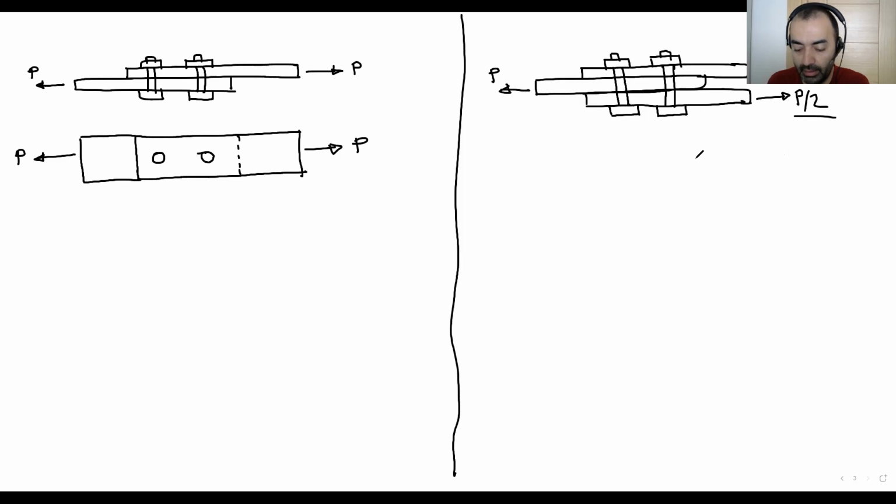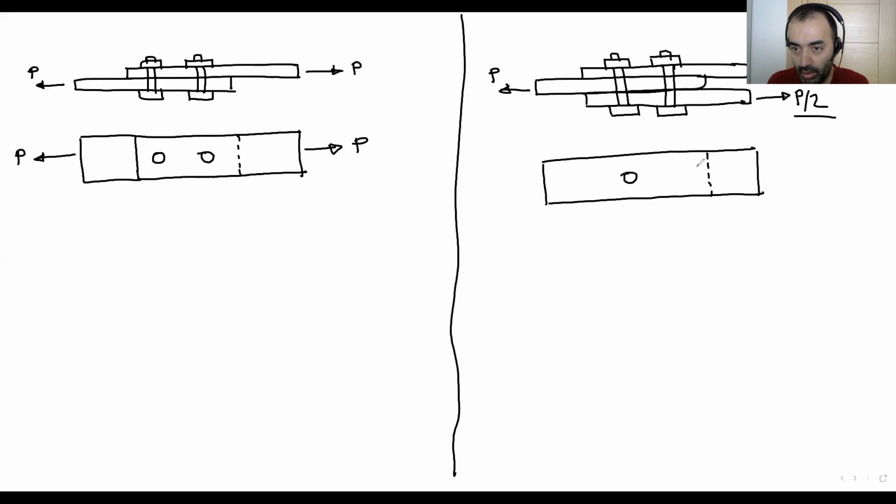Yes, and the plan view of this plate. A mid plate, which is the black line.